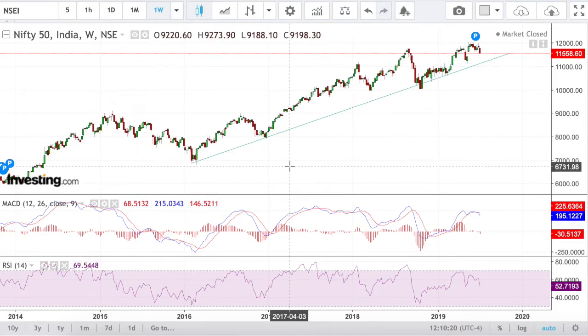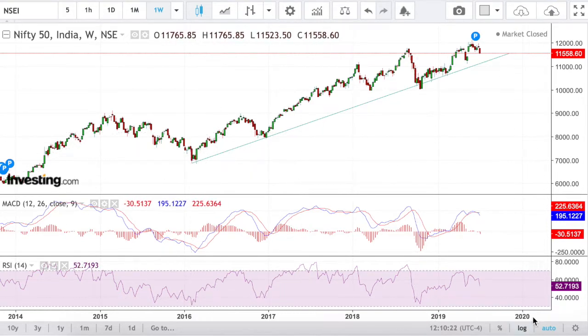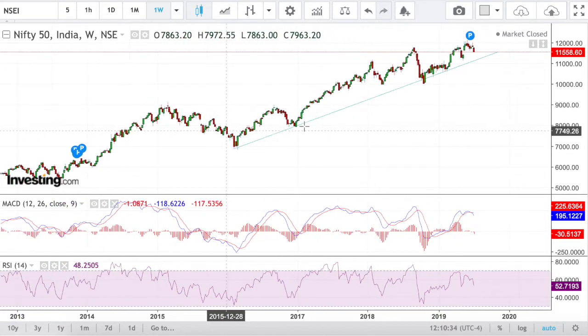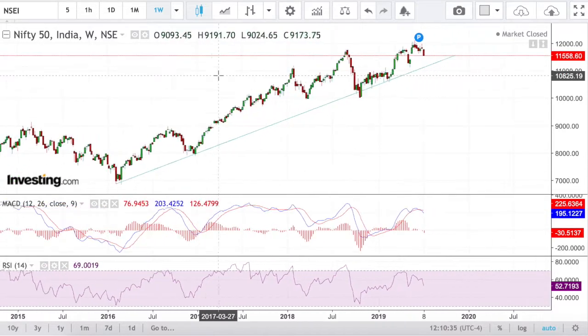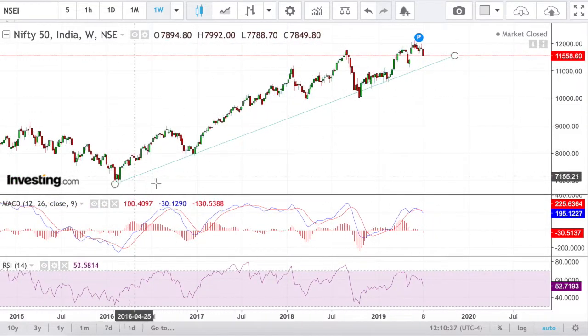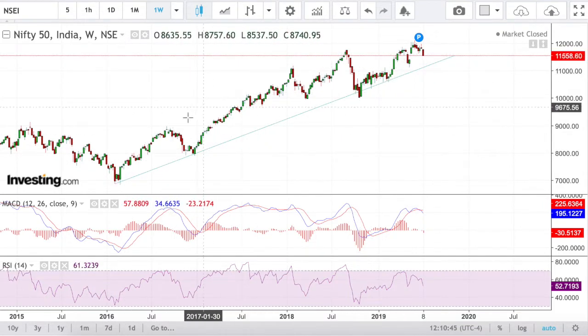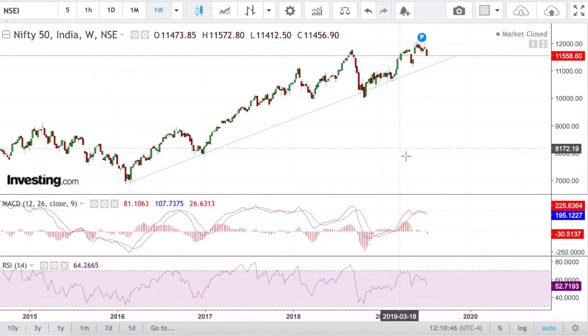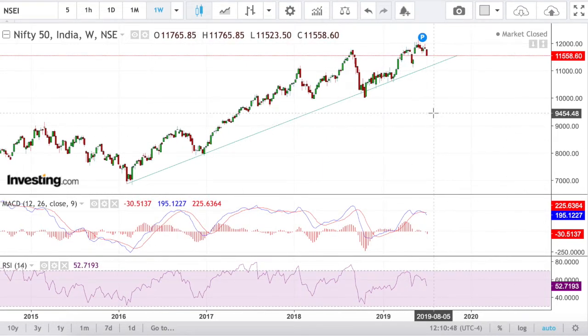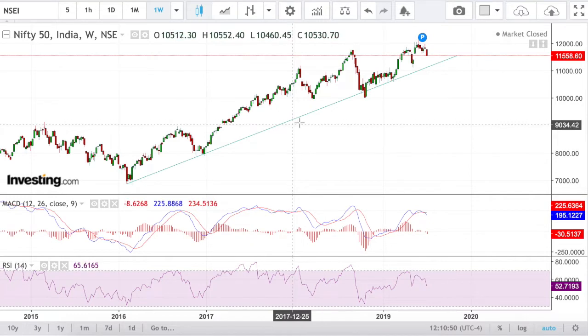If you're not familiar with log scaling, just search it up on the internet and play around with it a little bit, and you'll get a sense of when to use it versus when not to use it. The weekly chart clearly does not have enough percentage gains or losses to actually use log scaling. So that's another thing I wanted to mention. You can use it for the monthly chart, but not the weekly chart.